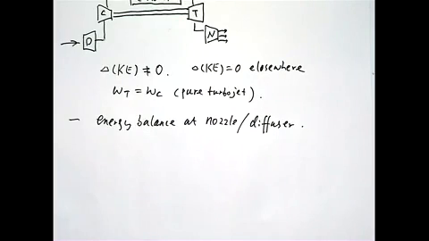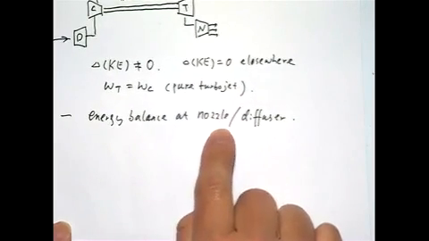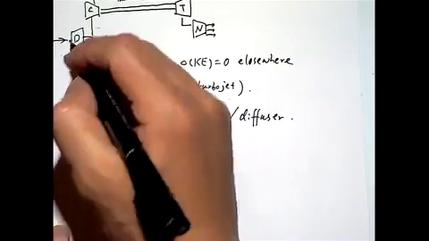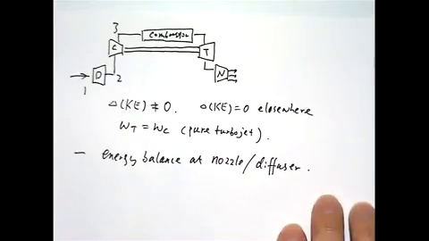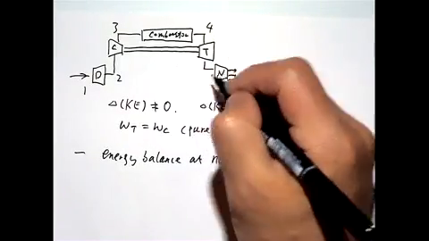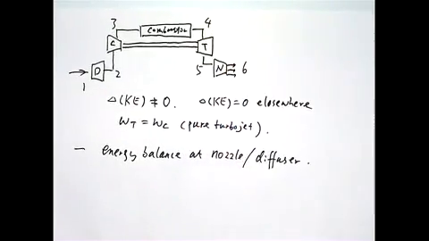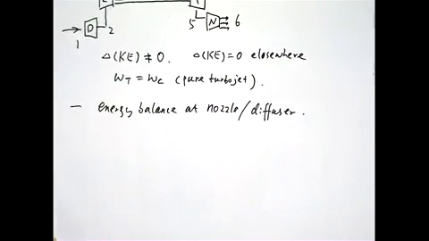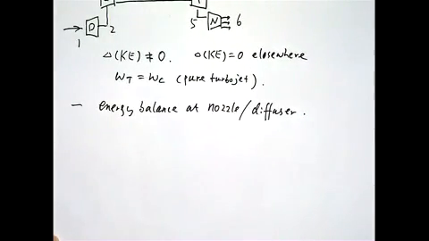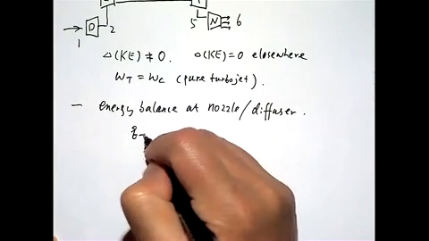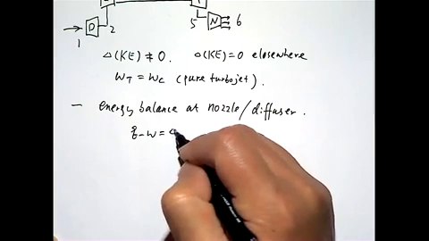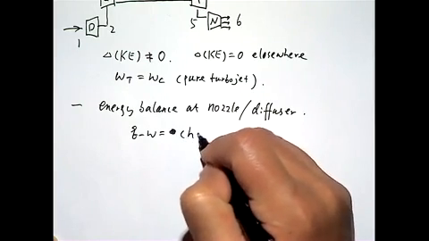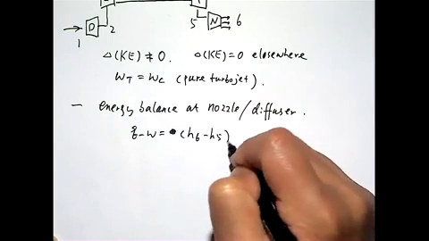All right. So across the nozzle, if we call these states 1, 2, 3, 4, 5, and 6, and apply the energy balance, which is the first law, we have Q minus work equals delta H, or H6 minus H5.